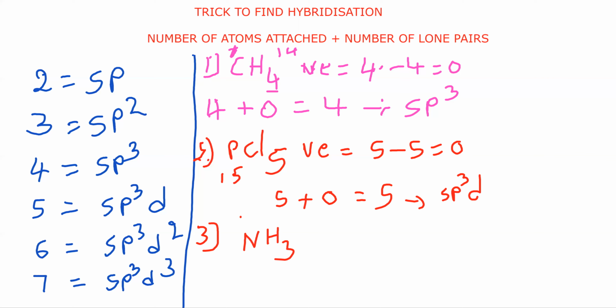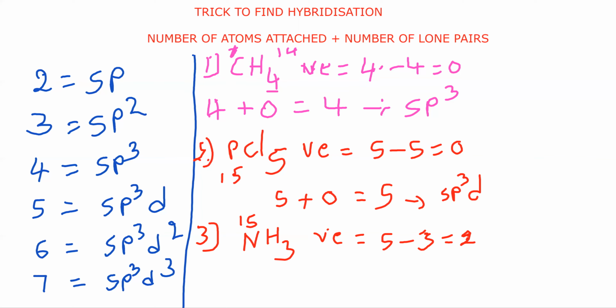Let's take one more example, that is ammonia. Here the central atom nitrogen belongs to group number 15. Let's find the valence electrons first. Group 15 means 5 valence electrons. How many are involved in bond formation? 3 atoms are there, so 3 are involved. So 2 remaining valence electrons means 1 lone pair. Now find the hybridization number.